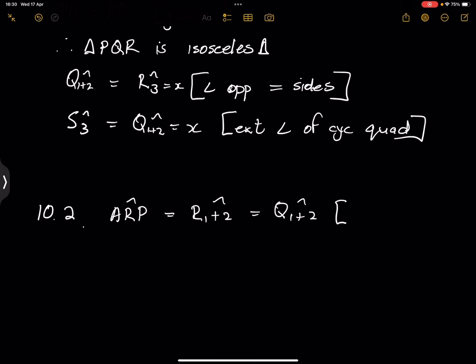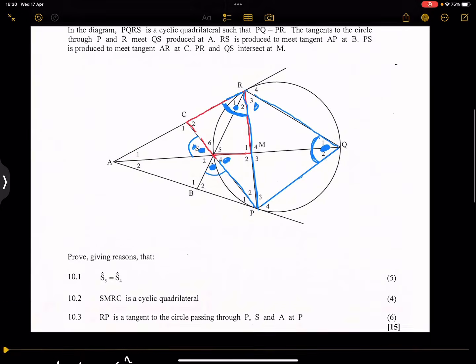We said because of the tan chord theorem. Another way you could have gotten those to be equal.